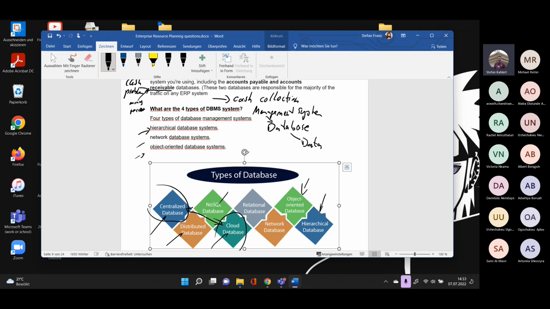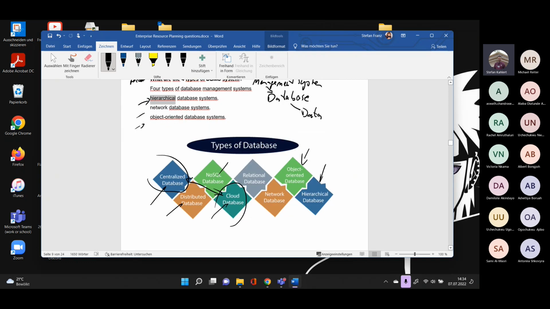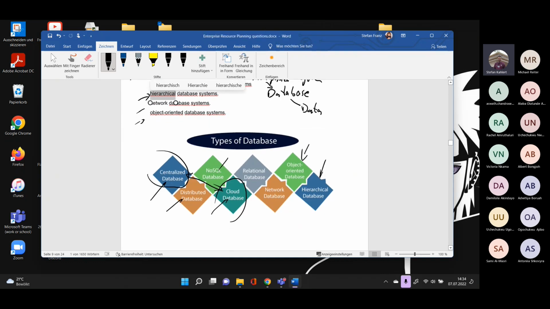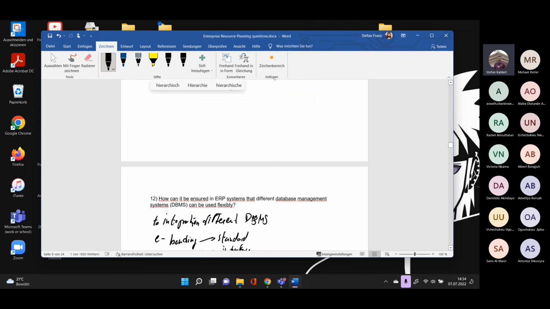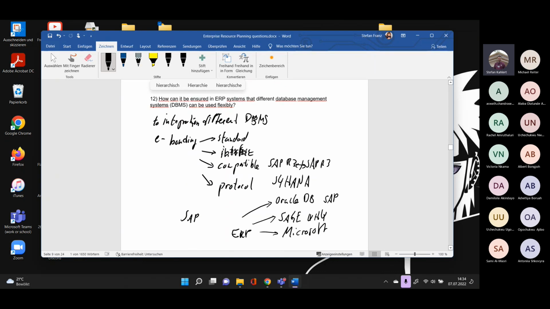Then the question of integration comes up. If you're just using it on premise in one company and you don't change anything, the question would never come up. But if you mix or integrate certain types of databases, it becomes complicated and difficult. Standards, interfaces: is it compatible? Does it have the same protocol? And does the software work with the other software?